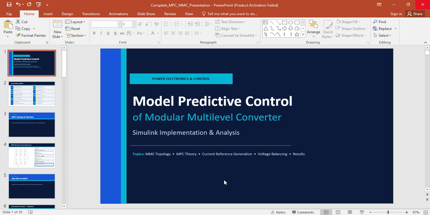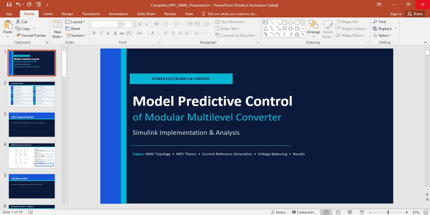So today we are going to apply model predictive control on the latest topology of the converters, which is the modular multi-level converter.